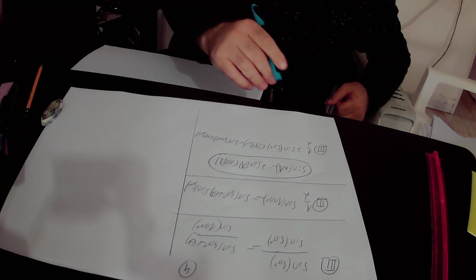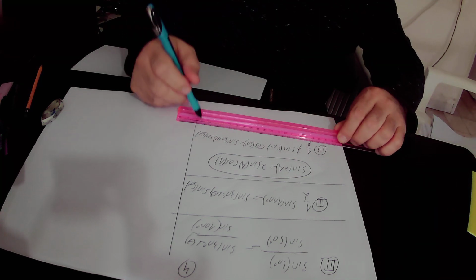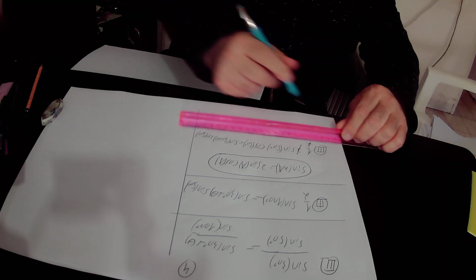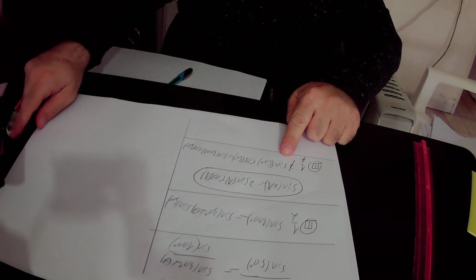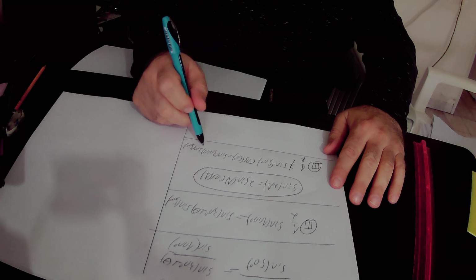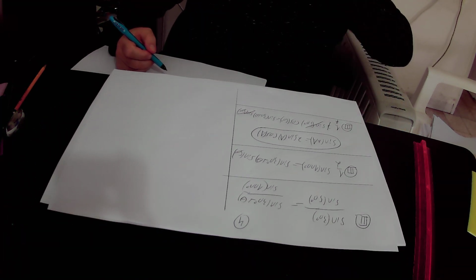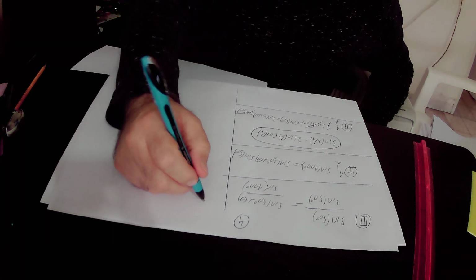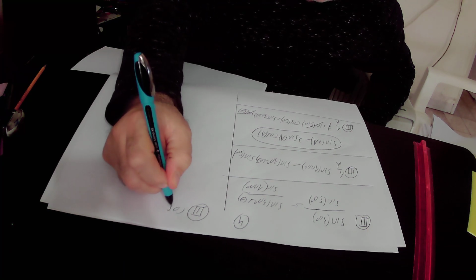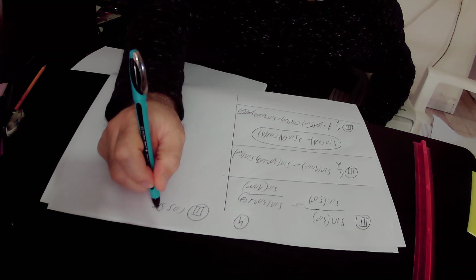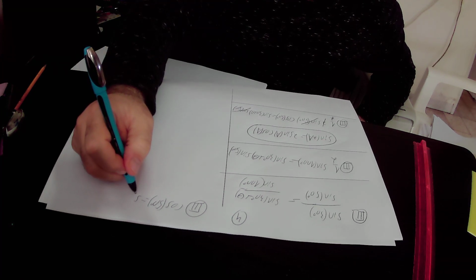Here 2 over 2 is 1, so 2 will get cancelled. And we have sine 50 degrees on both sides of equation number 3, so sine 50 degrees will get cancelled. And we are left only with cosine 50 degrees that equals sine 30 degrees plus theta.